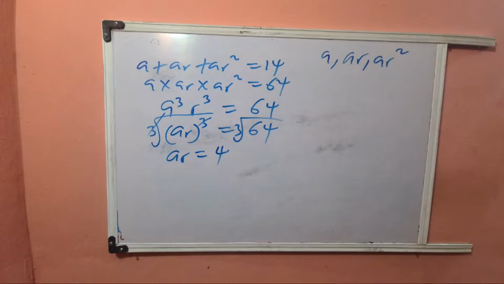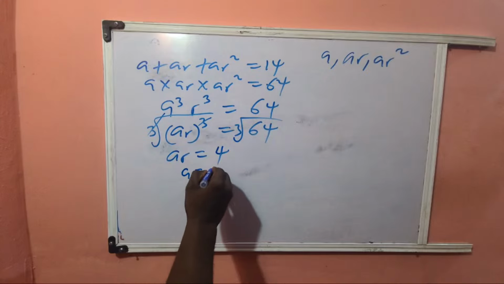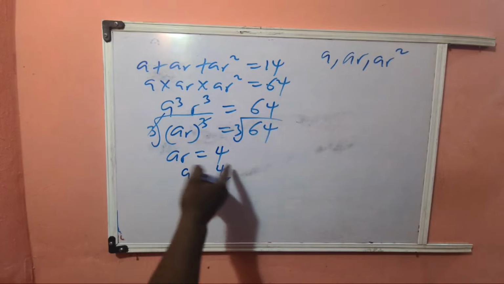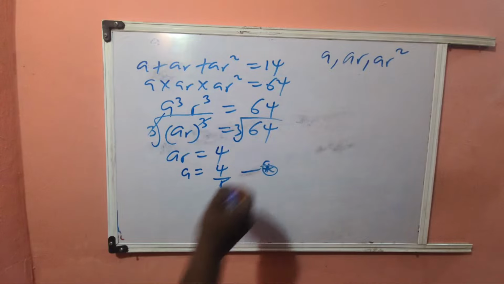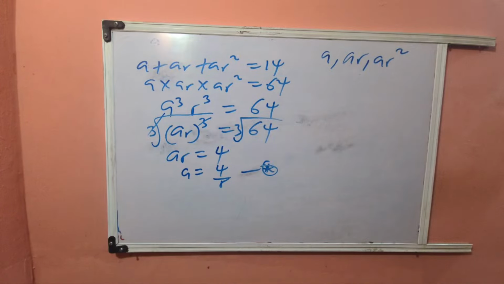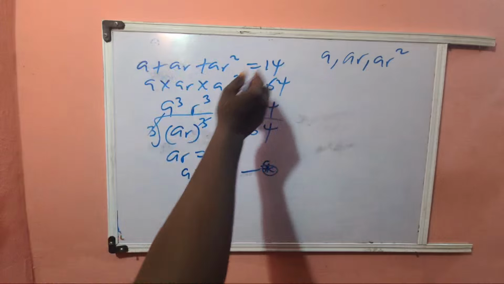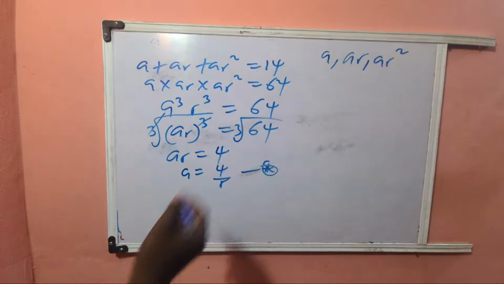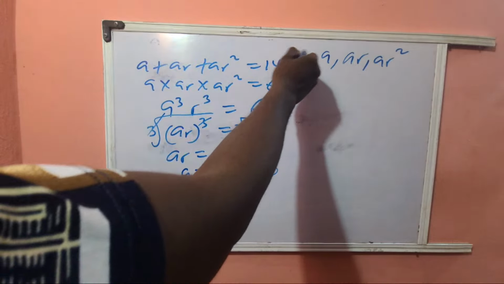From here, I can get my a value to be 4 over r, by dividing through by r. Now let's go on to check the very first equation we had, the sum of them being 14. Let's fix our a into this first equation.